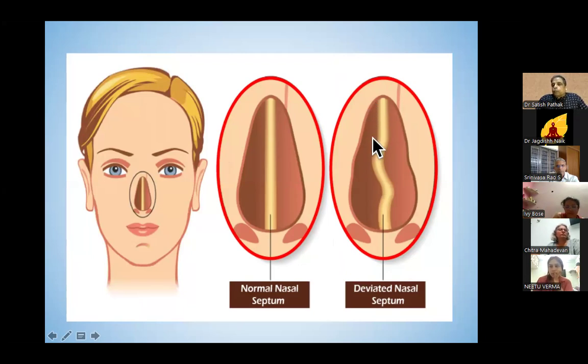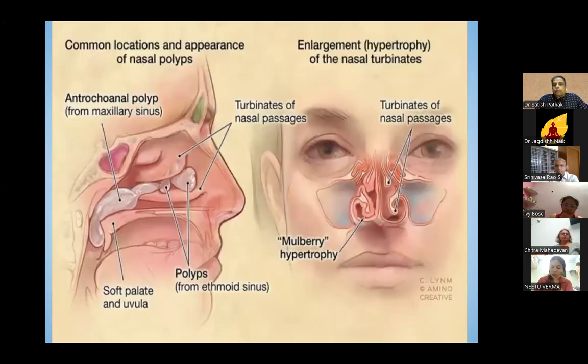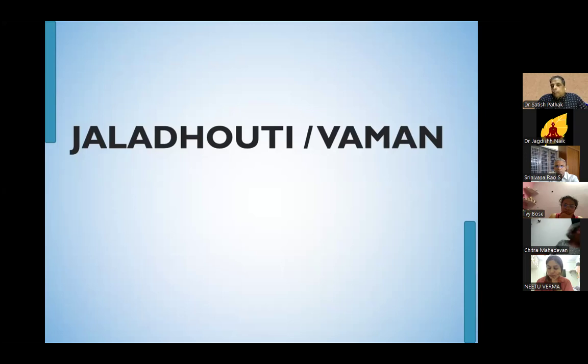So again, if you try to push it, it will traumatize the mucosa and he may get bleeding. So the person who has got a nasal polyp or tight DNS, deviated nasal septum, he should not practice rubber neti, he should practice jal neti. Is it clear? So now we'll go to the next, Jala Dhauti.